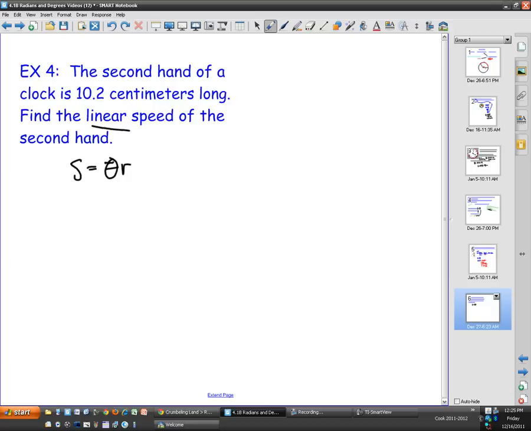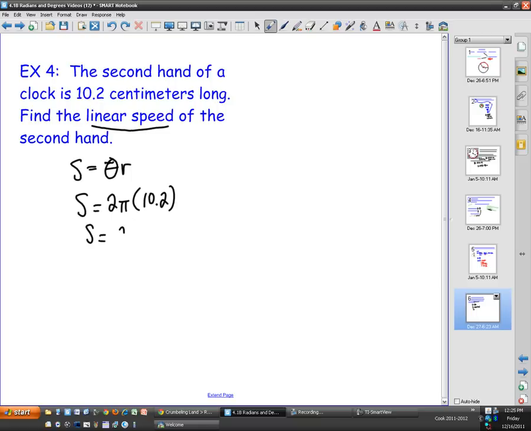And if we want to find out how fast the second hand is going, well, we'll just do one revolution, which would be 2 pi once around, and then if our radius is 10.2, we can just multiply those together, which says we're going at an arc length of approximately 20.4 pi centimeters.